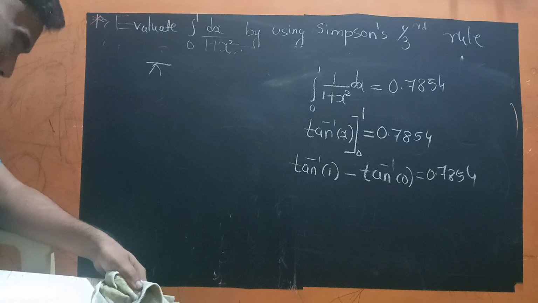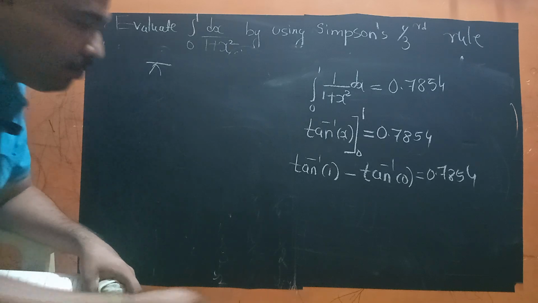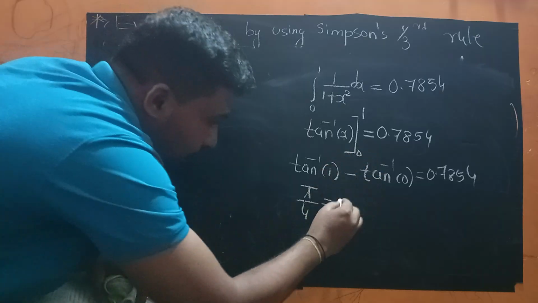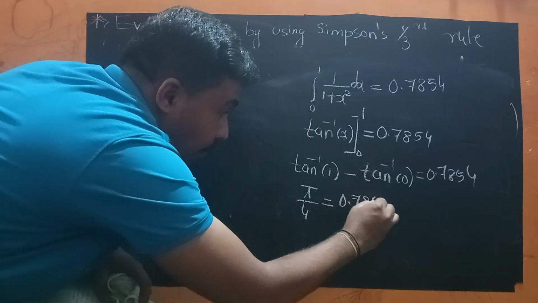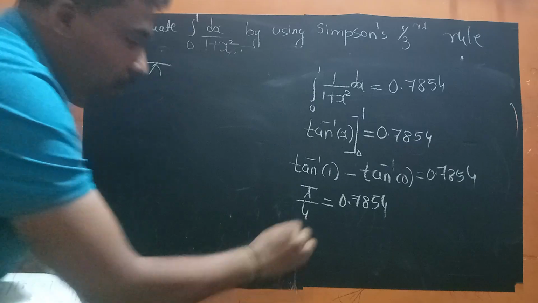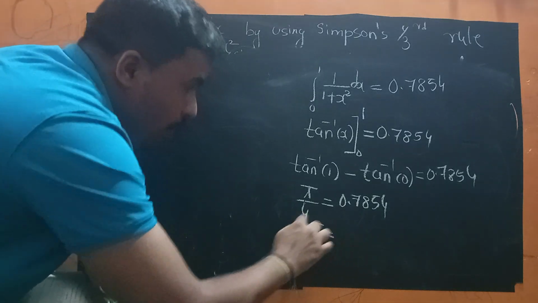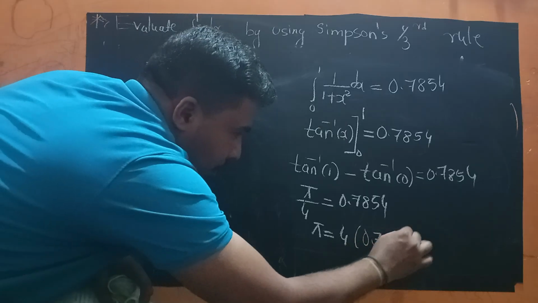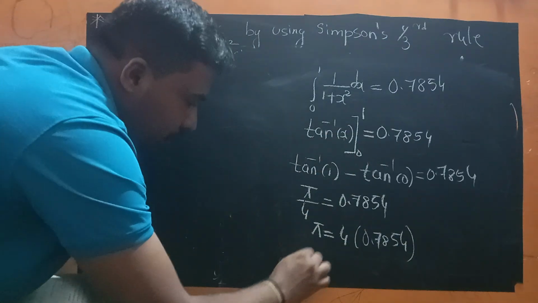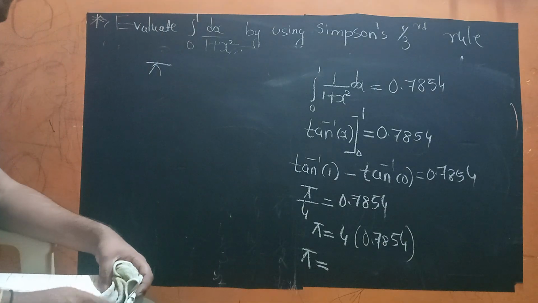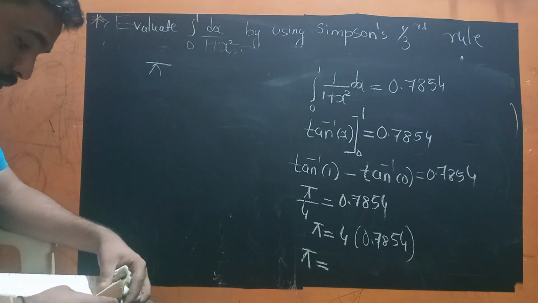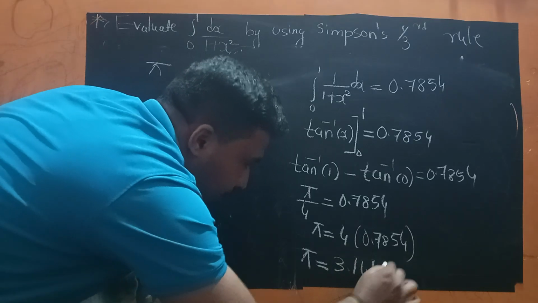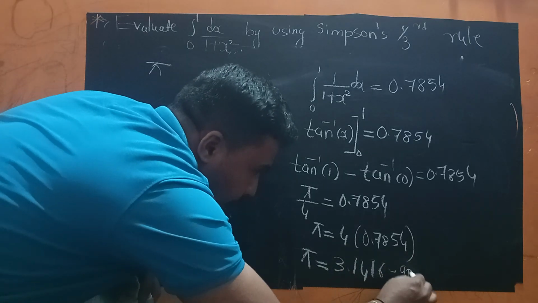So tan inverse of 1 we have as pi by 4. So pi by 4 equal to 0.7854. And if we want the pi value, 4 will go this side. 4 into 0.7854. If we multiply this, we will have the required pi value. So the pi value will be 3.1416 approximately.